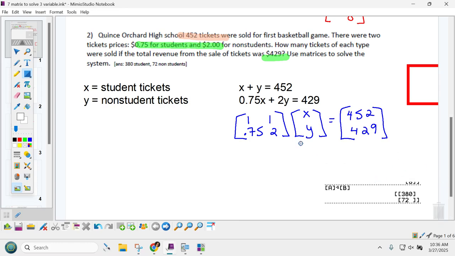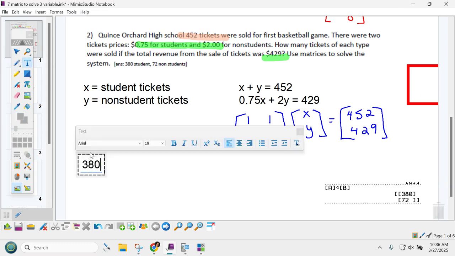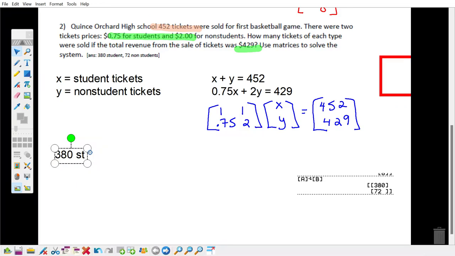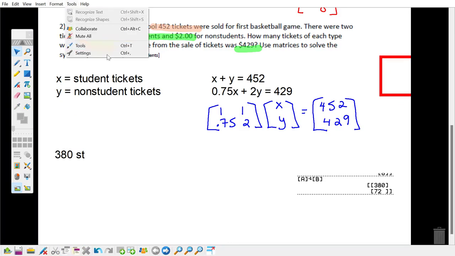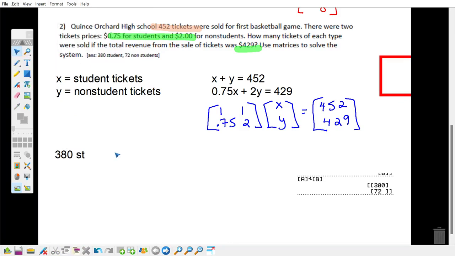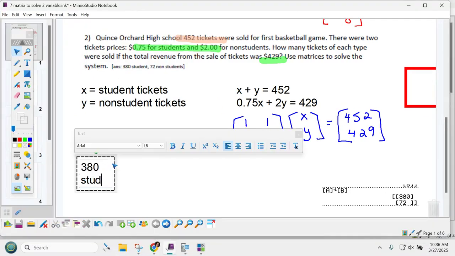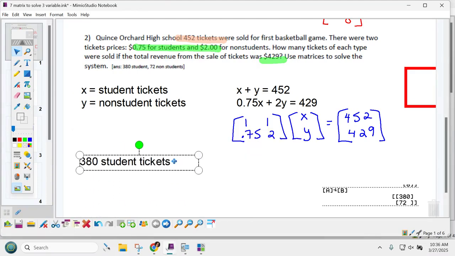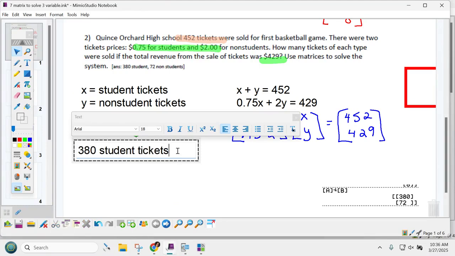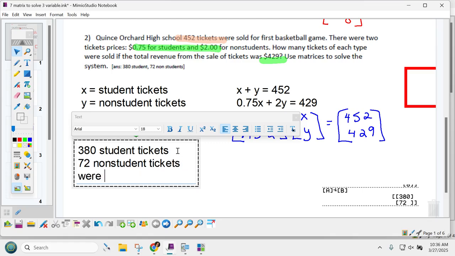Okay, so that tells me that there are 380 student tickets. 72 non-student tickets were sold.